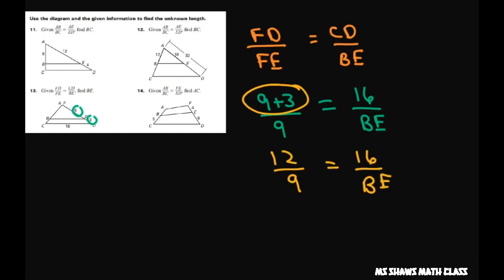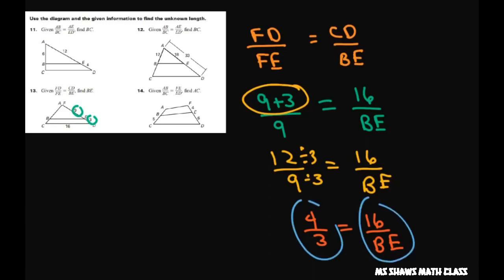And I can reduce this by 3. I can divide each piece by 3. And that's going to give you 4/3 equals 16 divided by BE. Now I'm going to use my reciprocal property and reciprocate both of these just to make it easier. So BE divided by 16 equals 3 divided by 4.